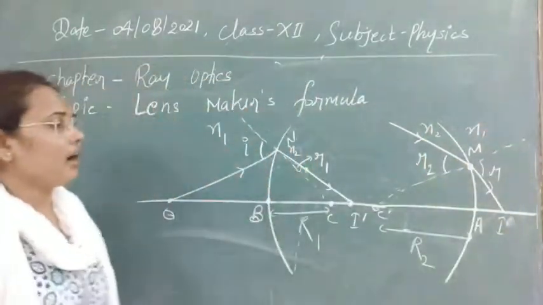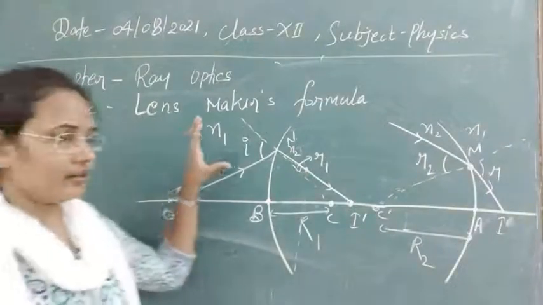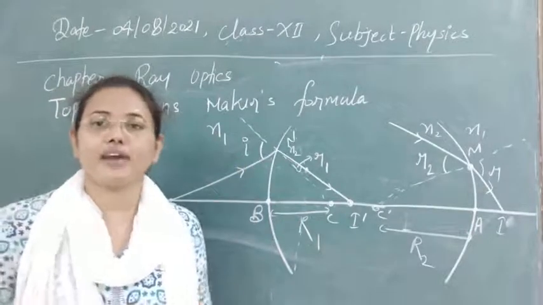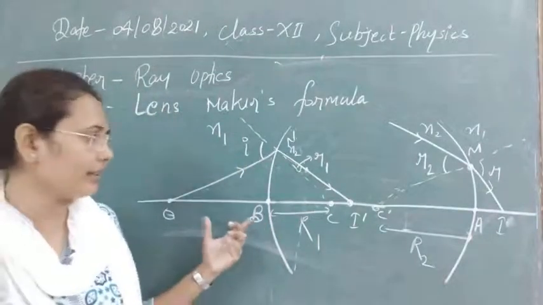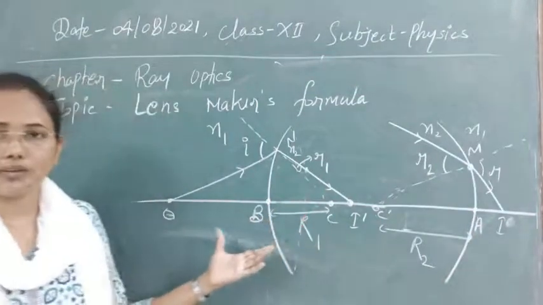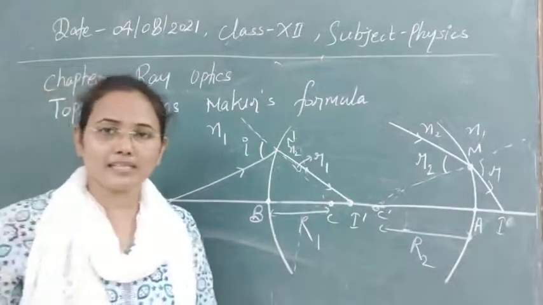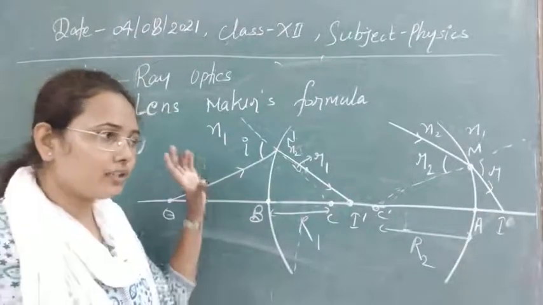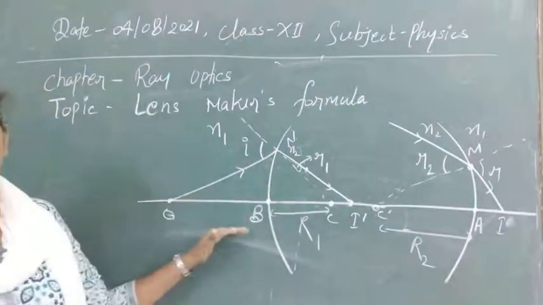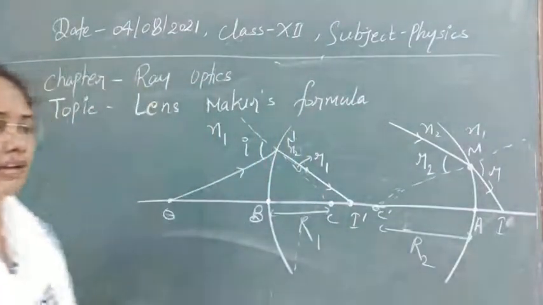So we can now easily write the formula that we have already derived for refraction at spherical surfaces, which I told you in previous classes. You can see that also, how to derive it, where we used geometrical optics. So directly using the geometry of that derivation, I am going to write the formula for the refraction at these two spherical surfaces.